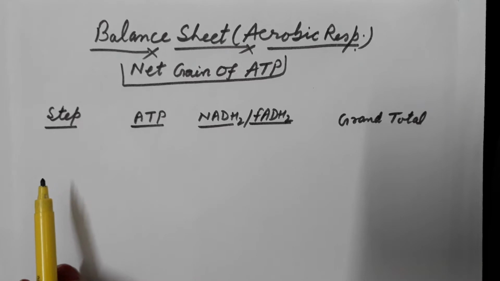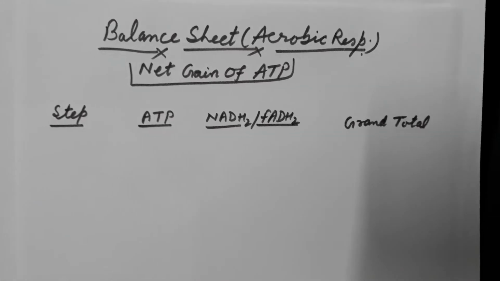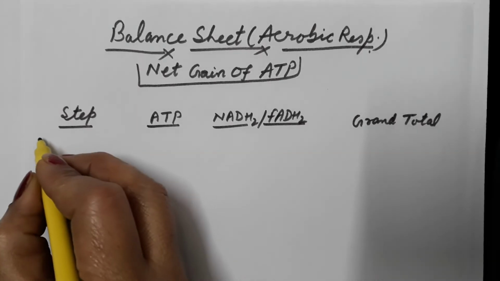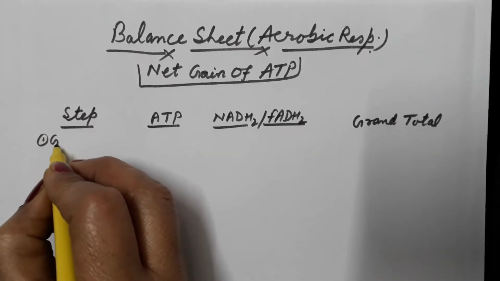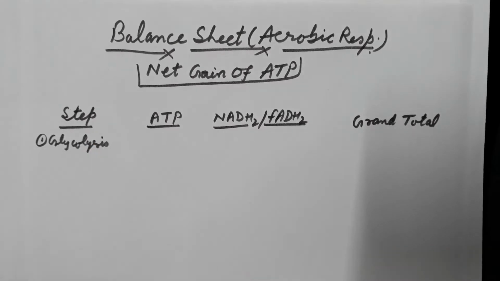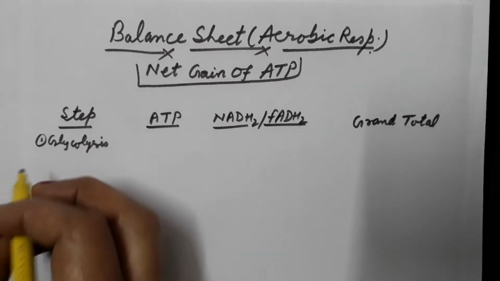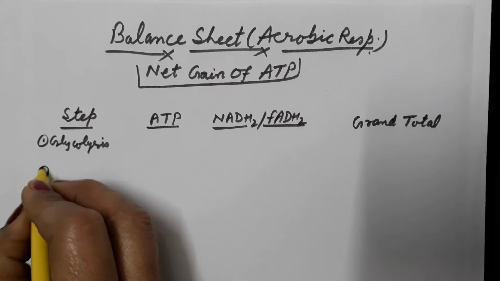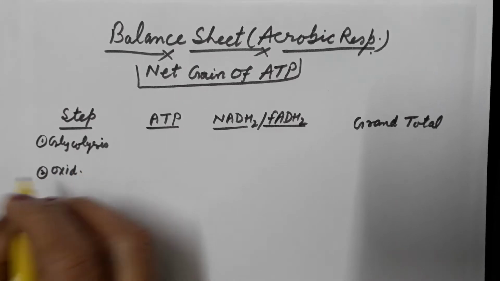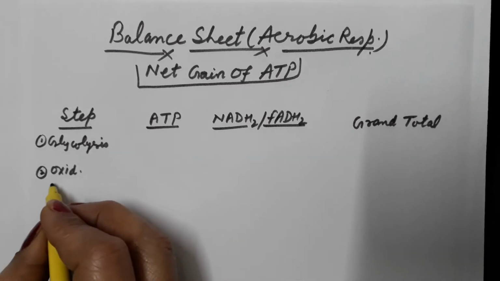The first step is glycolysis. After glycolysis, the second step is oxidative decarboxylation.